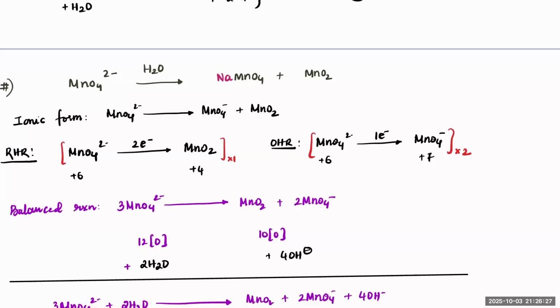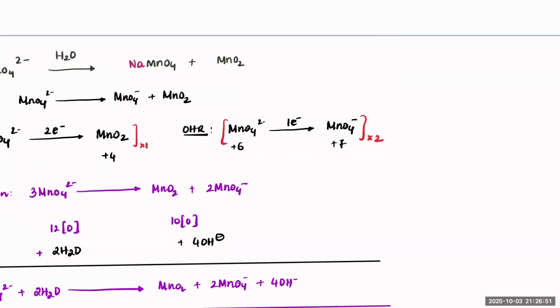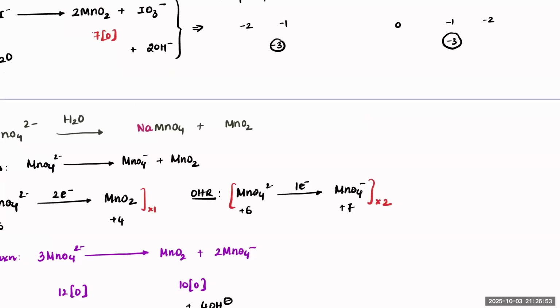If you notice carefully, within the molecule there are two different types of atoms. One is manganese, one is oxygen. Is oxygen involved here? No. Who's involved? Only the manganese atom, isn't it? Now remember, within the molecule, if only one element is responsible for both oxidation and reduction, then this is called a disproportionation reaction.